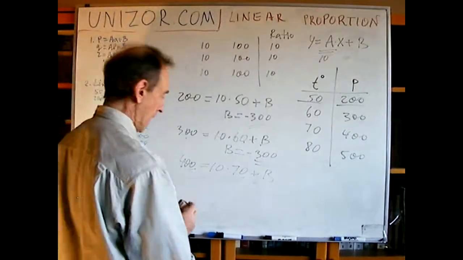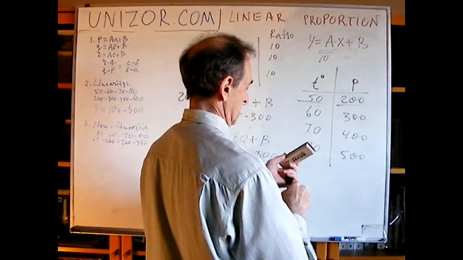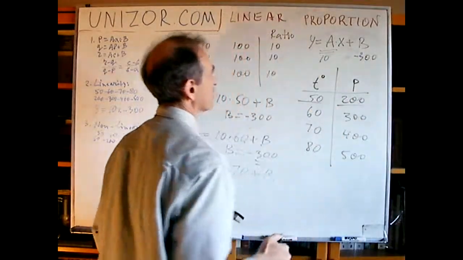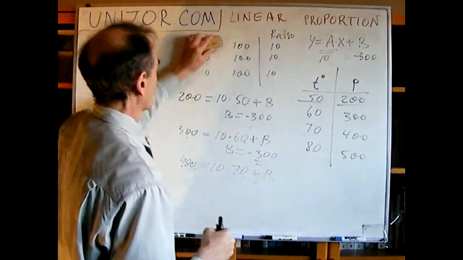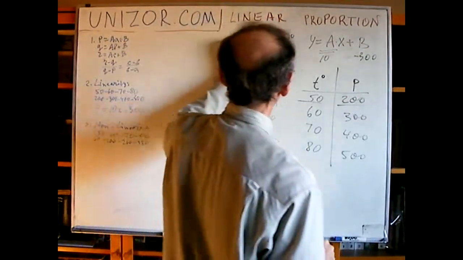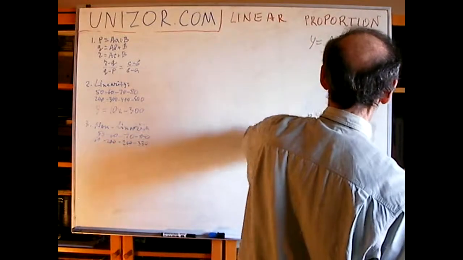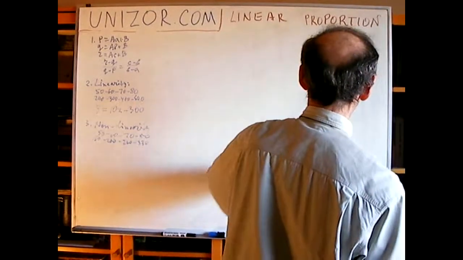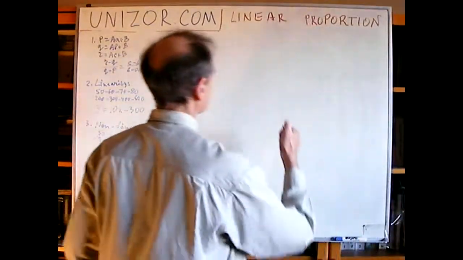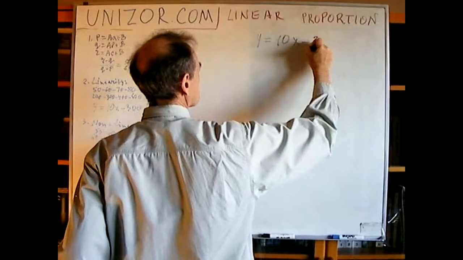So my equation is minus 300. So my equation is y is equal to 10x minus 300.